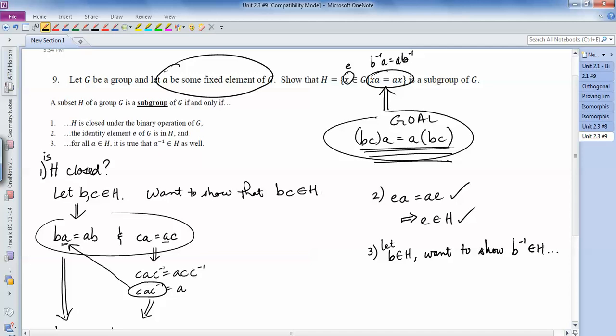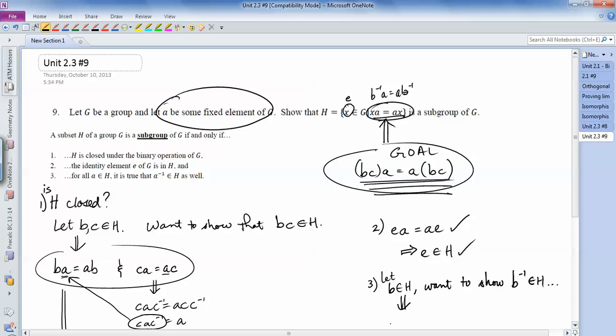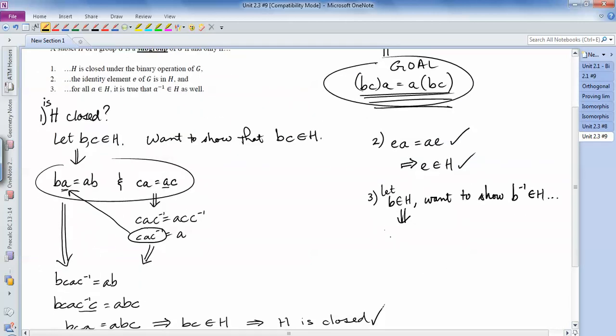That's the only way we're going to get that. That's our goal now. Let's take a look. If B is in H, then I know by definition of being in H, BA equals AB.